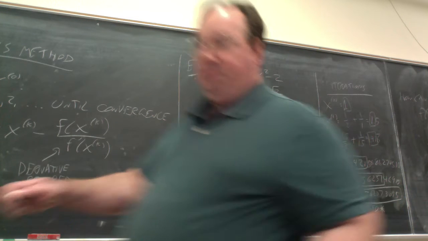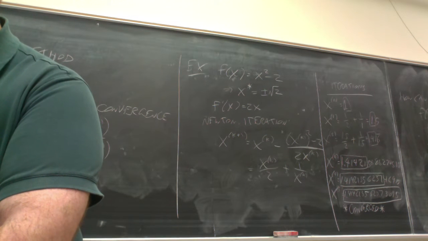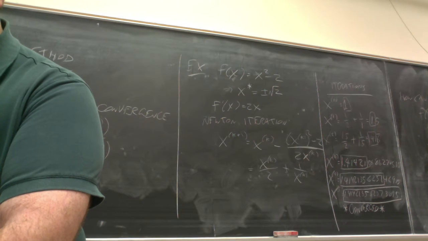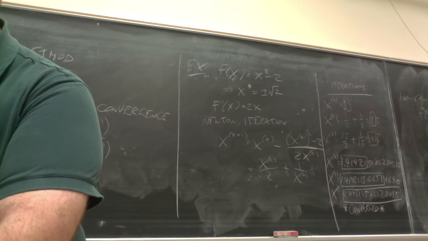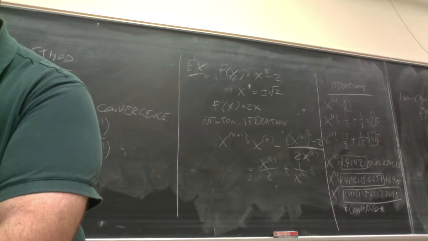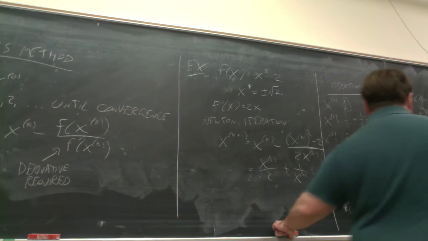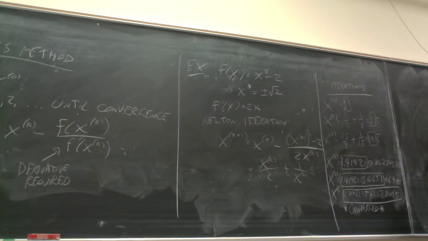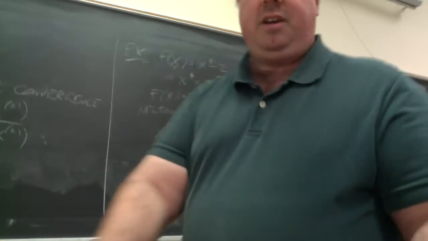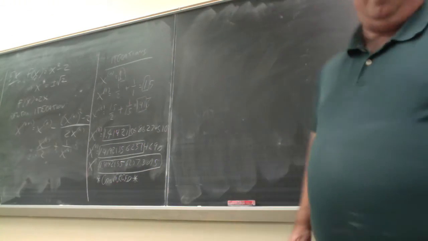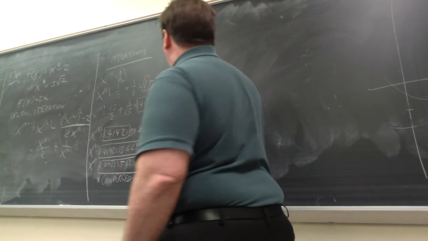In fact, if I were to go back and recompute these here, but then show the error, all right, so if I write the error in scientific notation, yeah, I'll do it over here.